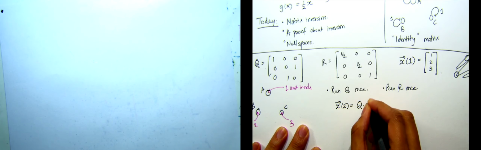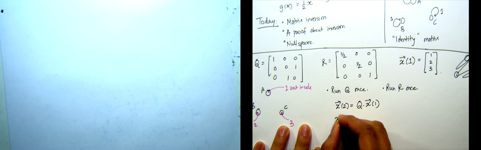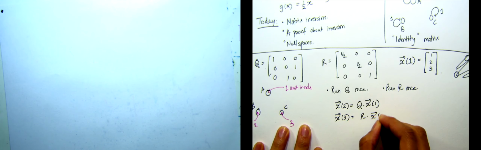What do I get after I run both of these pumps? So I basically have x at time 2 if I run Q on x of 1. And then I have x at time 3, which is I run R on x of 2. This is what I do.